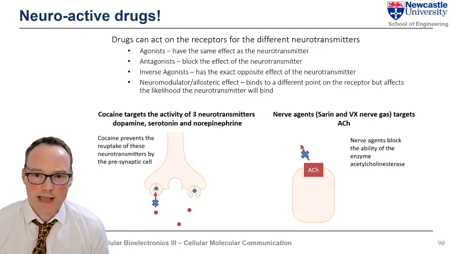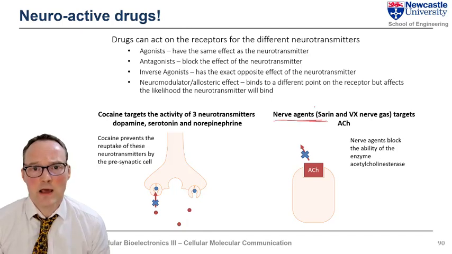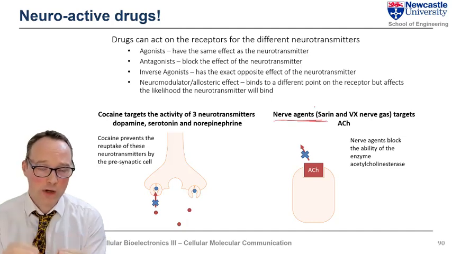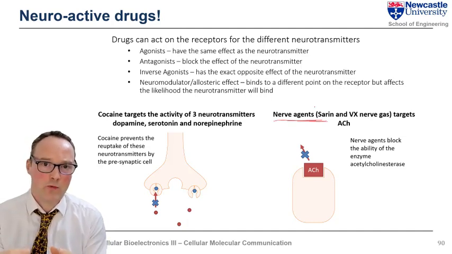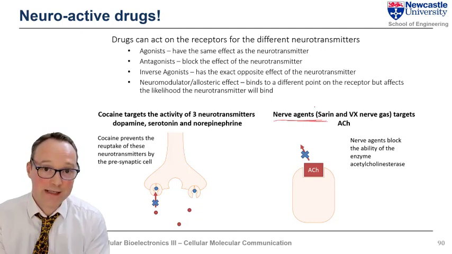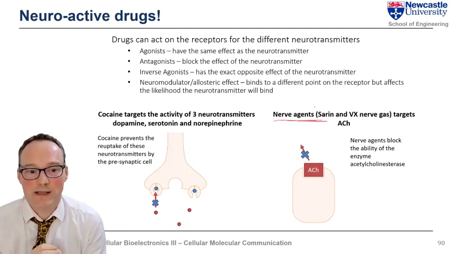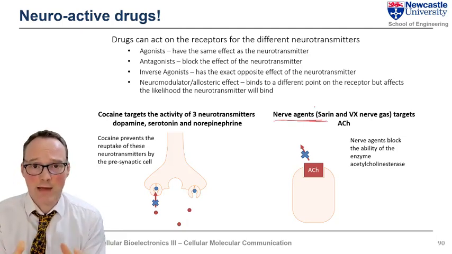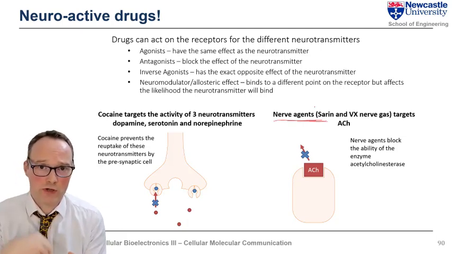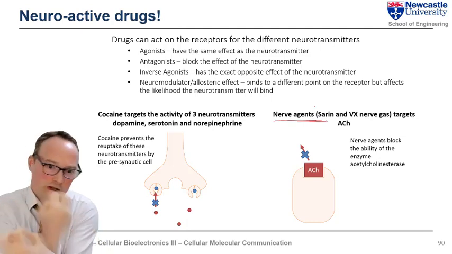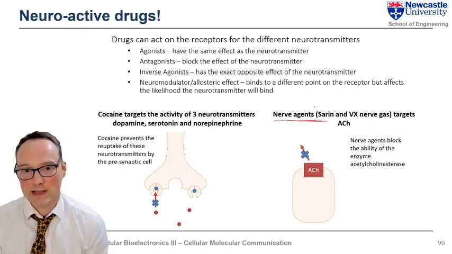One interesting aspect are some of these nerve agents like sarin and VX, and what they do is they destroy or inactivate the acetylcholinesterase enzyme, which eats up all of the acetylcholine that our motor neurons transmit. And that means that in the synapses between our motor neurons and our muscles, there's just this constant signal going through, and the muscles spasm, and eventually your heart stops and you die.